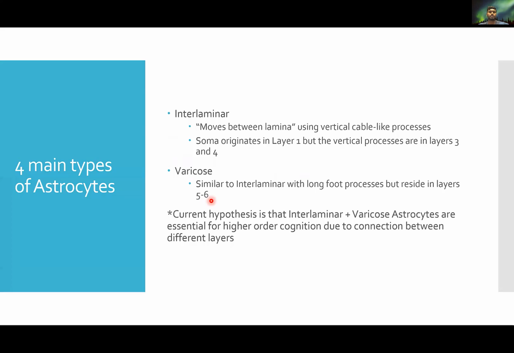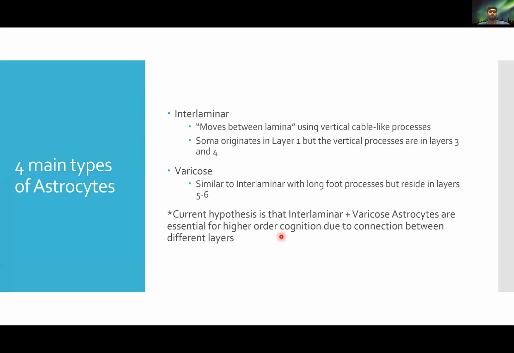And why is this important? Well, the current hypothesis is that the interlaminar and varicose astrocytes are essential for higher order cognition because they connect to different layers of the cortex. So when we think of the cortex, we have areas for vision in the back, we have motor, the motor strip, somatosensation right behind that, hearing in our temporal lobe, and gustation in our insular cortex.